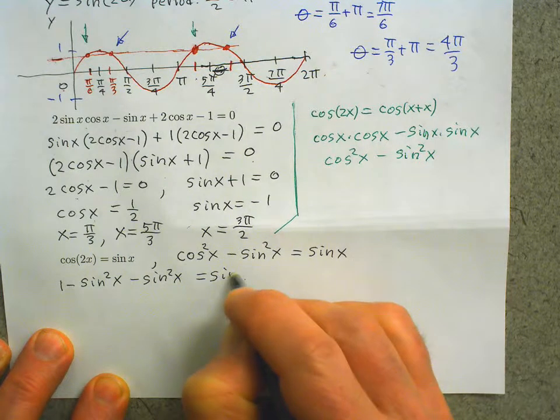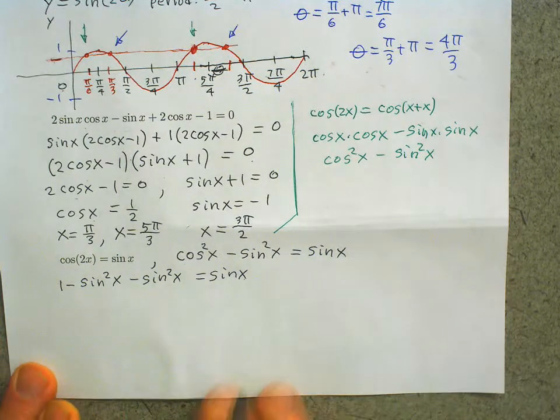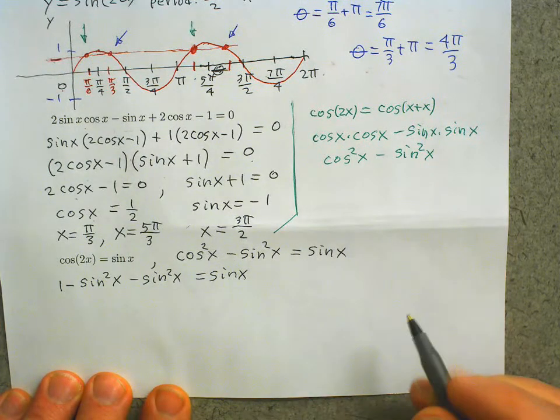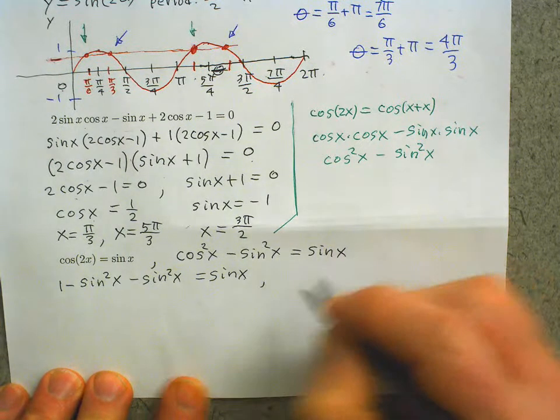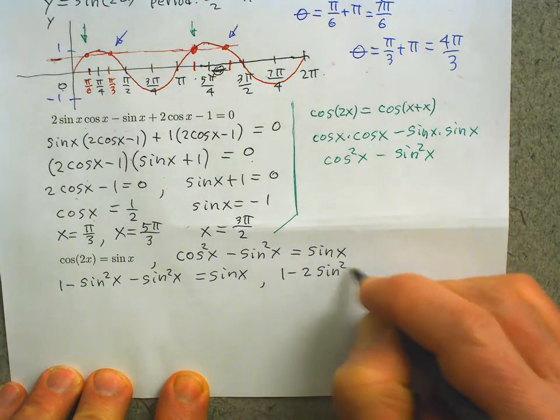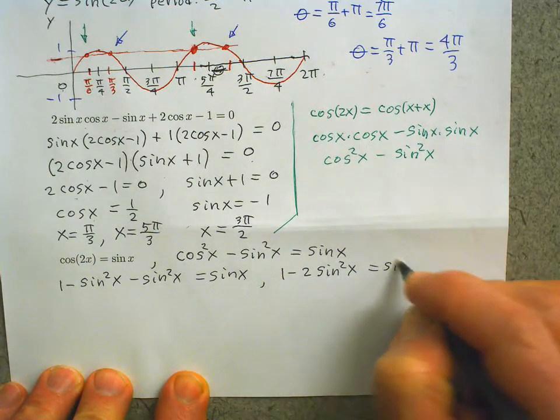And now I get an equation that's in terms of sine and a constant. So if we combine like terms, we get 1 minus 2 times sine of x squared equals sine of x.